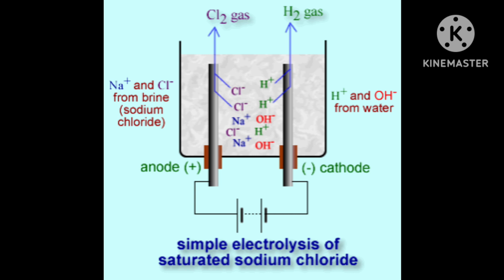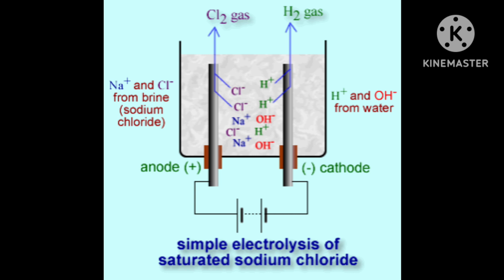Then for the chloride ion converting to chlorine gas, it requires 1.36 volt. That time E standard is 1.36 volt.